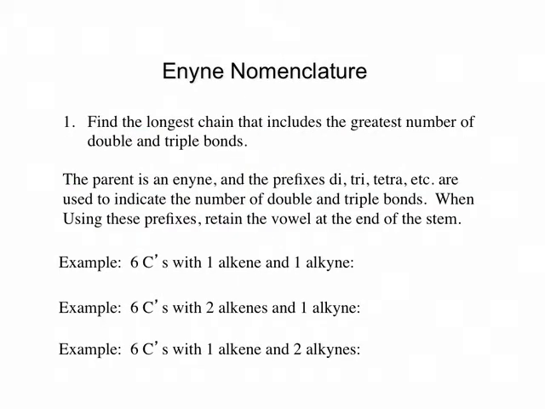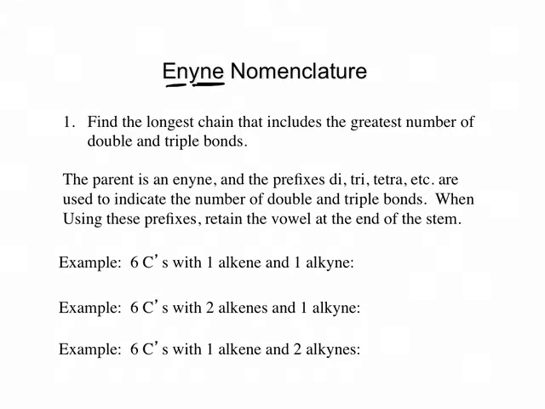Now that we know how to name both alkenes and alkynes, there is the possibility that you'll run into a molecule with both functional groups in the same molecule. That would be called an enyne, and you can see in that name the alkene name and the alkyne name, an enyne.